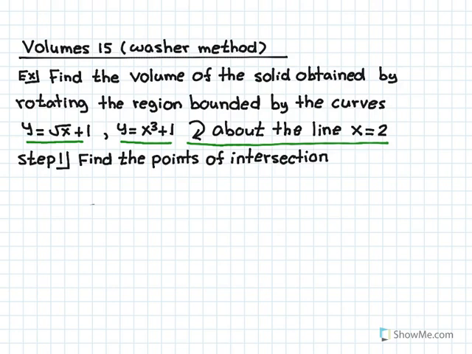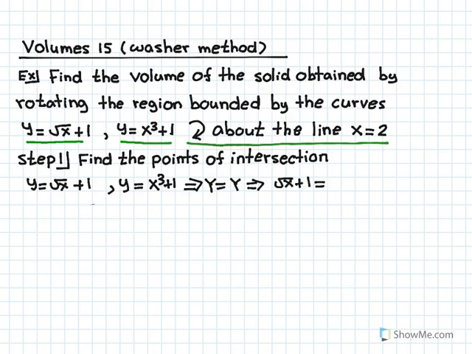The first step, as usual, is to find the points of intersection. So we have y is equal to root x plus 1, and we have y is equal to x cubed plus 1. To find the points of intersection, we let y equals y, and that means we get root x plus 1 is equal to x cubed plus 1.